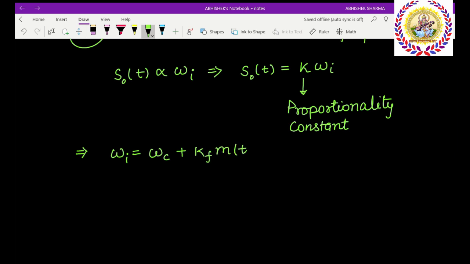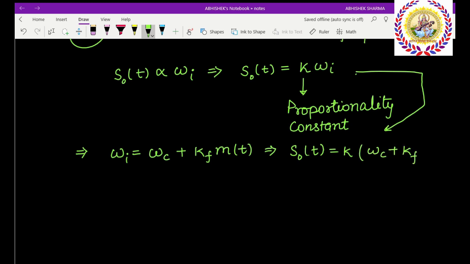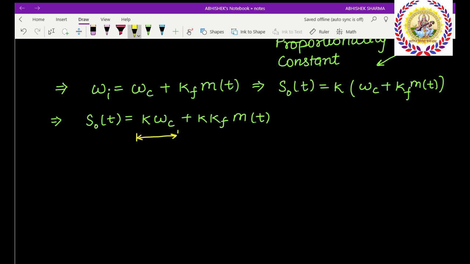Now omega_i will be equal to omega_c plus k_f into m(t), which means that S0(t) will be equal to K of omega_c plus k_f into m(t). Now S0(t) can be rewritten as K omega_c plus K into k_f into m(t).